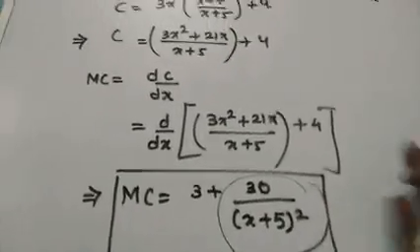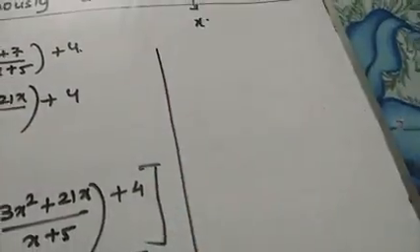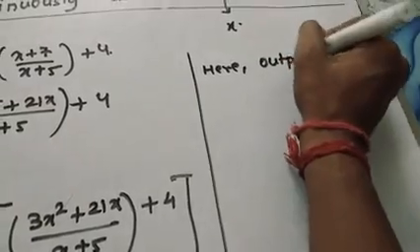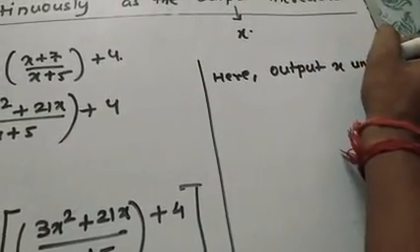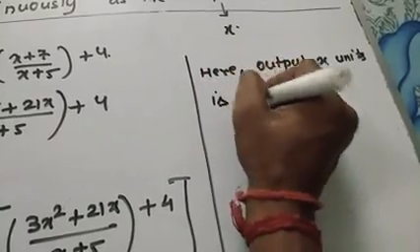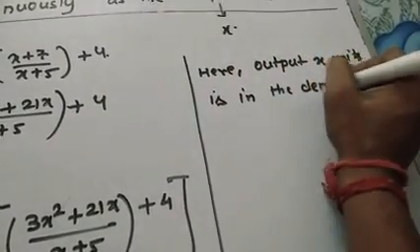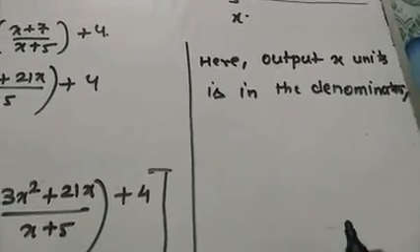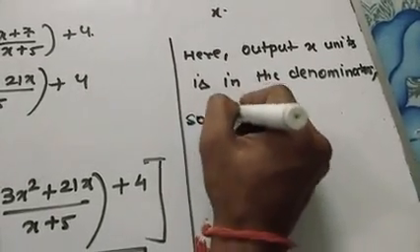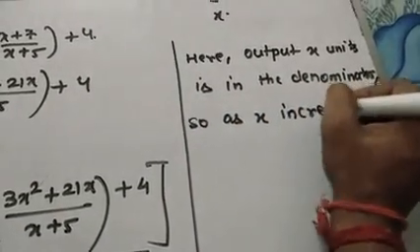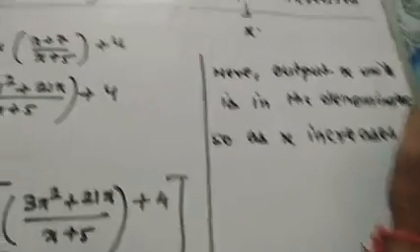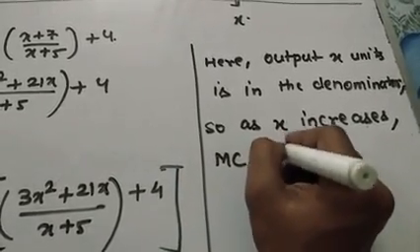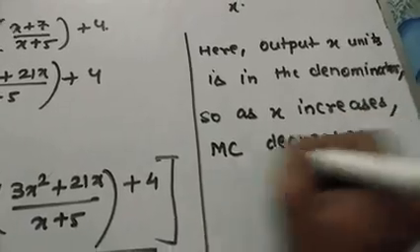So after proving this, you will write here: output x unit is in the denominator, so as x increases, marginal cost falls or decreases continuously.